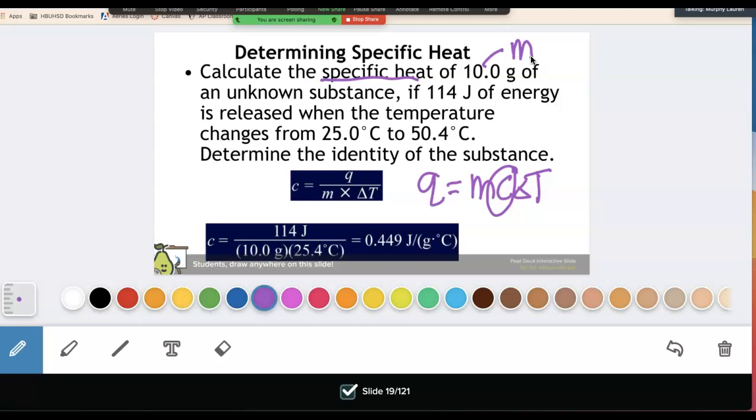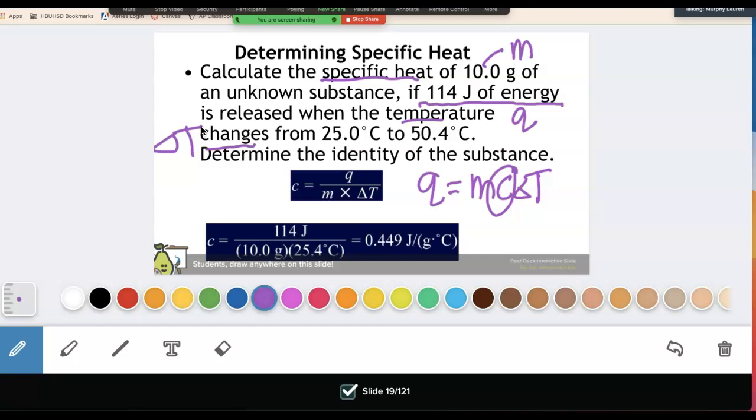Of an unknown substance, and 114 joules of energy. This is our new unit for this chapter, where joules is heat, or Q. And I also give you a temperature change, so delta T.